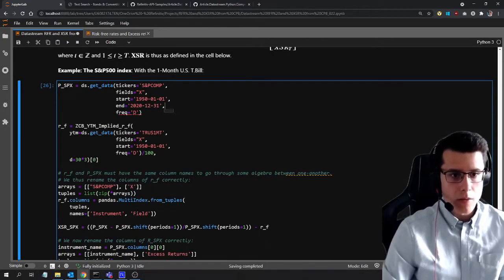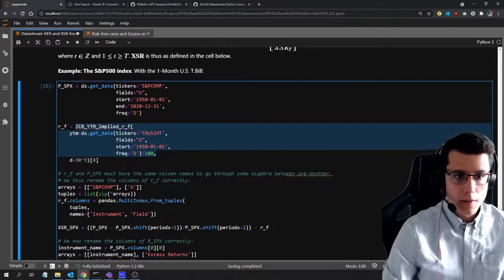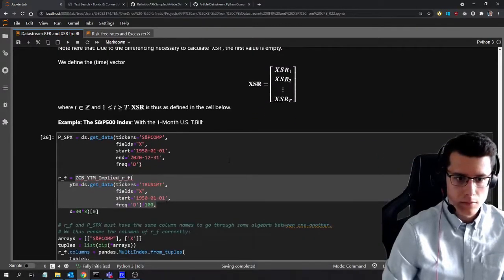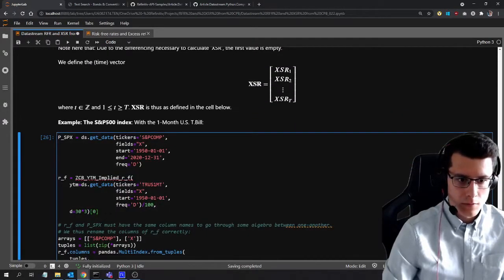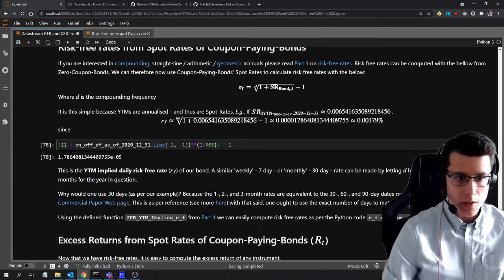And the risk-free rate is going to be this. So what's our yield to maturity here? Our yield to maturity is going to be this again.